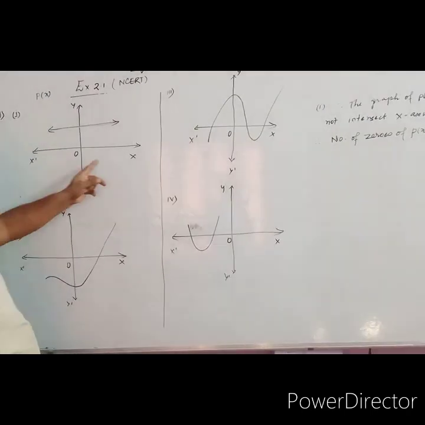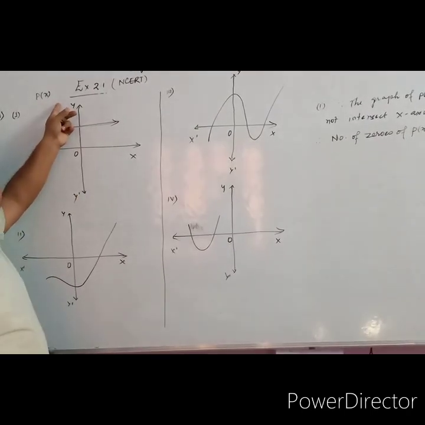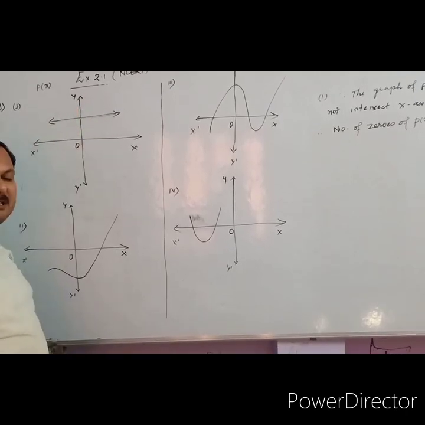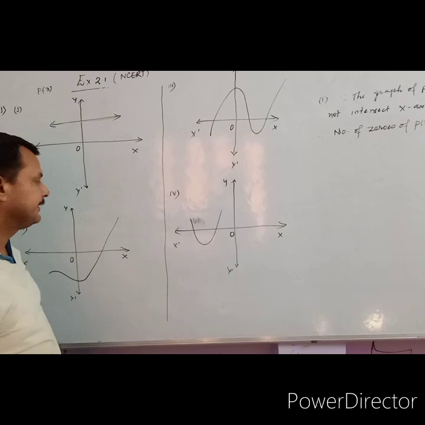Why are we observing the x-axis? Because the polynomial is given in x. If the polynomial is given in y, we have to observe the y-axis and see how many places the y-axis is intersected.